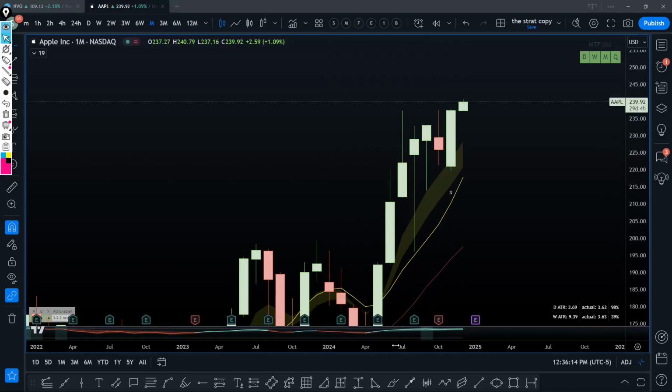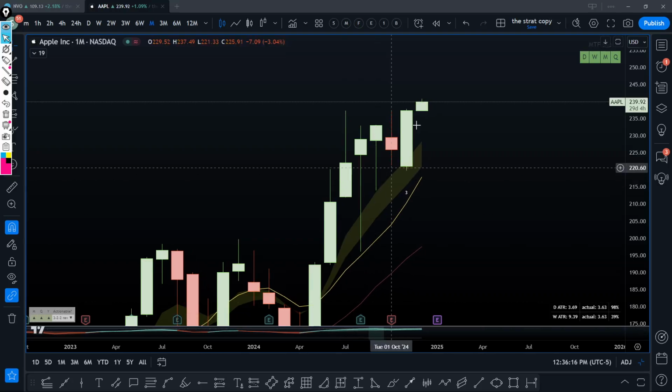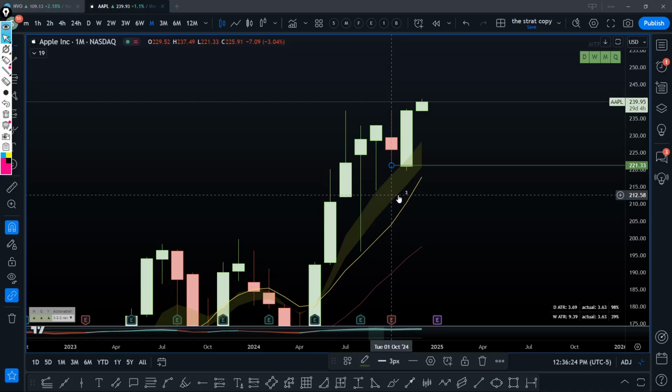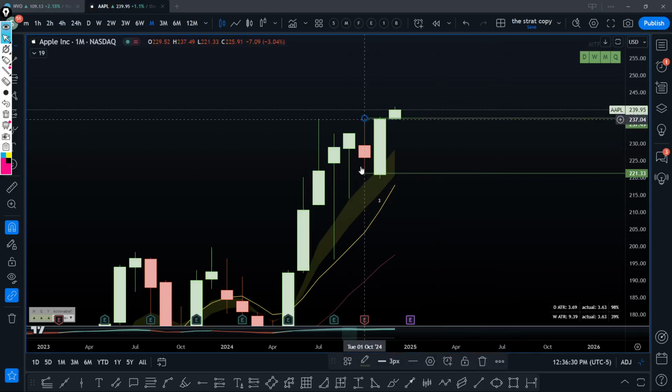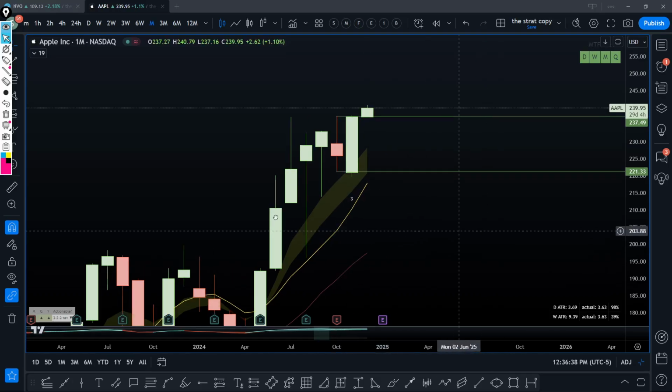And so what I do like is, like I said, the buyers coming back in. So at a certain point, the sellers had driven Apple all the way down to 221-ish. And then the buyers came in and drove Apple all the way back up, clearing the previous month's high, taking it above 237.49.